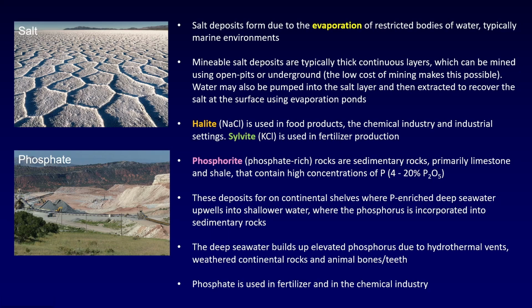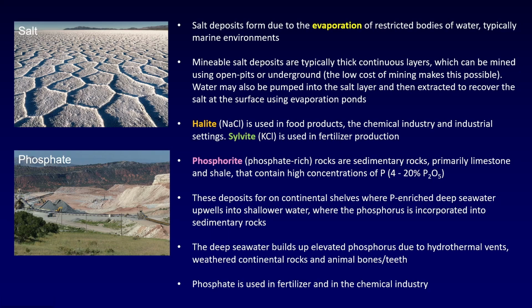In terms of why this deep water has these elevated concentrations of phosphorus in it, well, deep sea water builds up elevated levels of phosphorus from hydrothermal vents. So one of the elements that comes out of those black smokers and other seafloor vents, along with all the other stuff, is also going to be phosphorus.